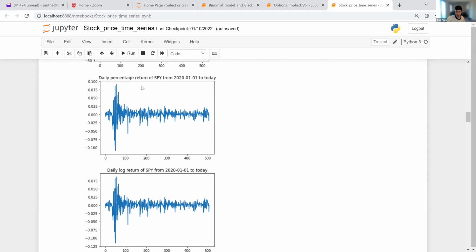This is the map of return. What captures the swing of return? Volatility.